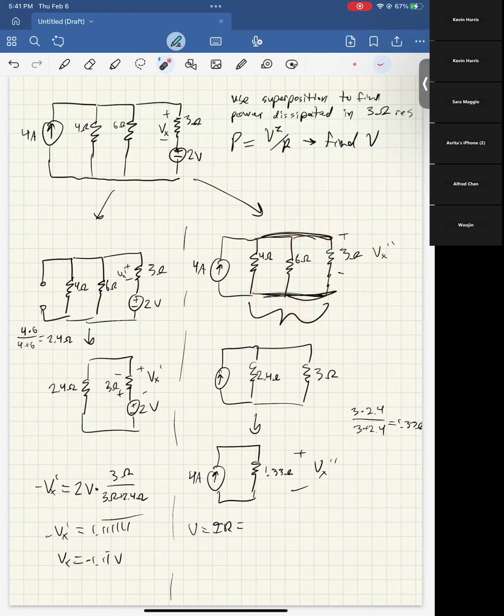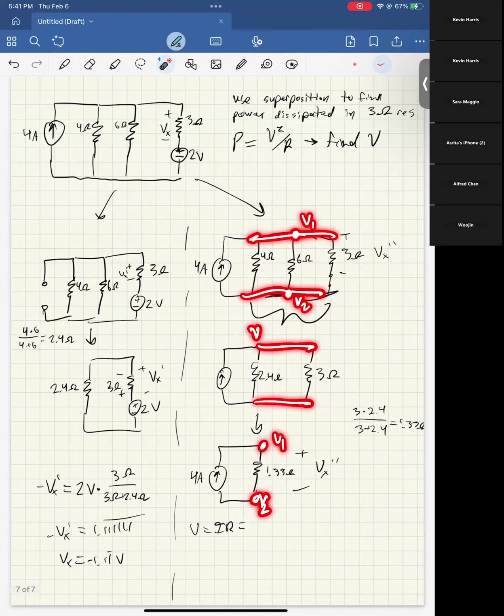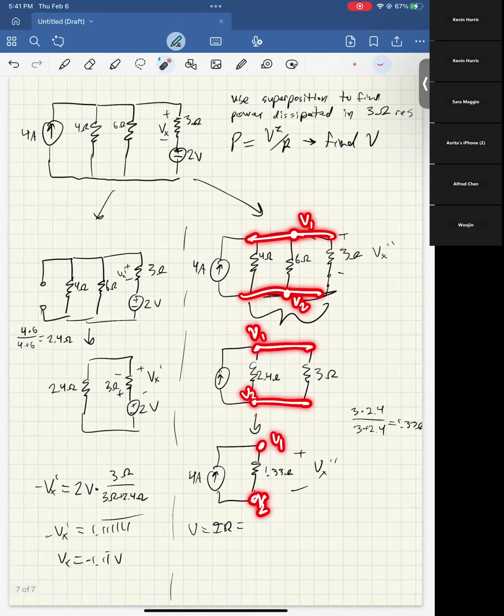What that means is that if I combine all these resistors in parallel mathematically, you're still going to have the same V1 and V2 here as you do up here. But you can only do this when everything is in parallel.